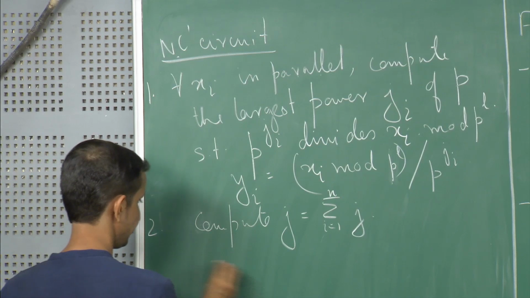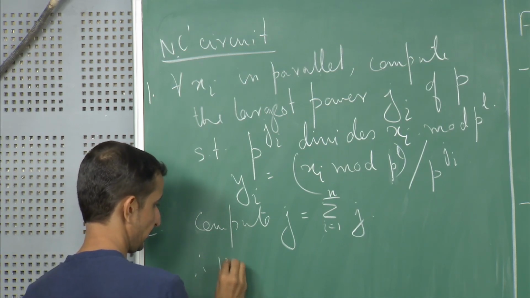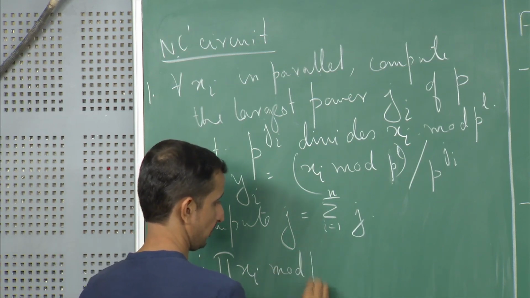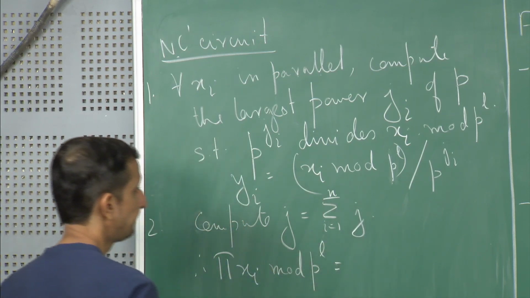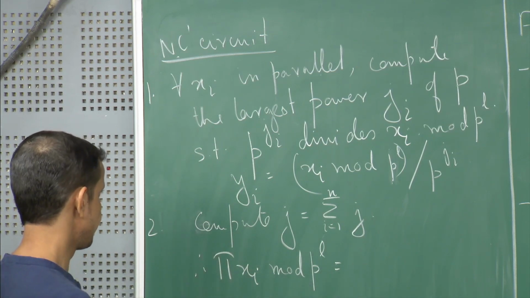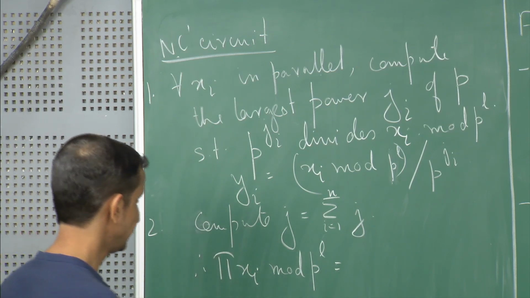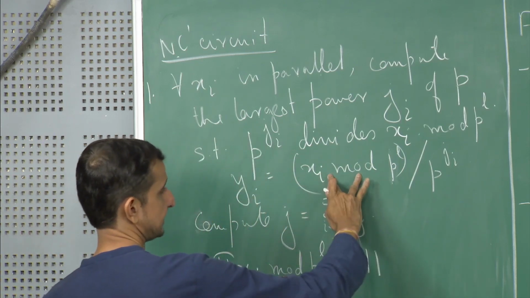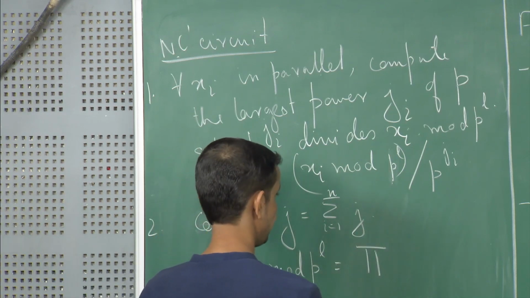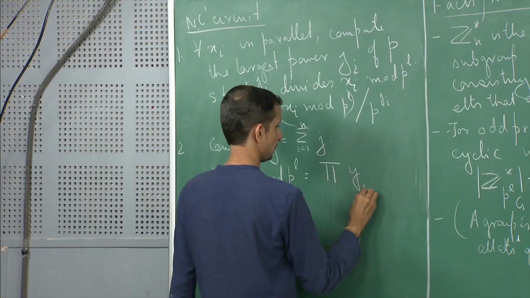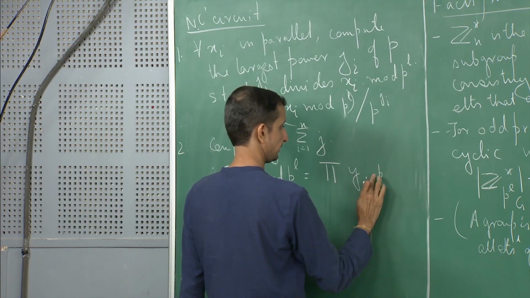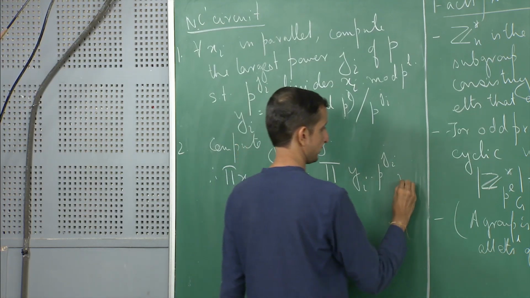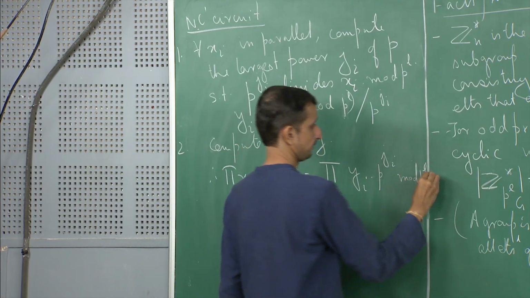So now what do we have? Therefore the product of xi mod p to the power l is nothing but the product of yi times p to the power ji mod p to the power l.